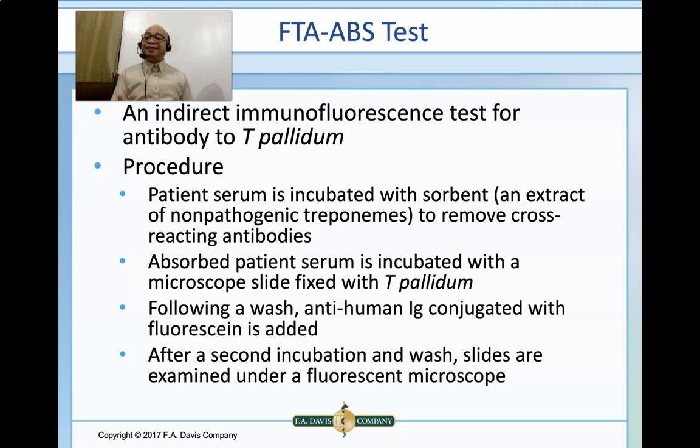Hence you have the complex: in the slide you have the Treponema pallidum, next to that is the patient's antibody if the patient is positive, and then the fluorescein, which binds at the Fc portion of the patient's antibody. After a second incubation and wash, slides are examined under a fluorescent microscope.